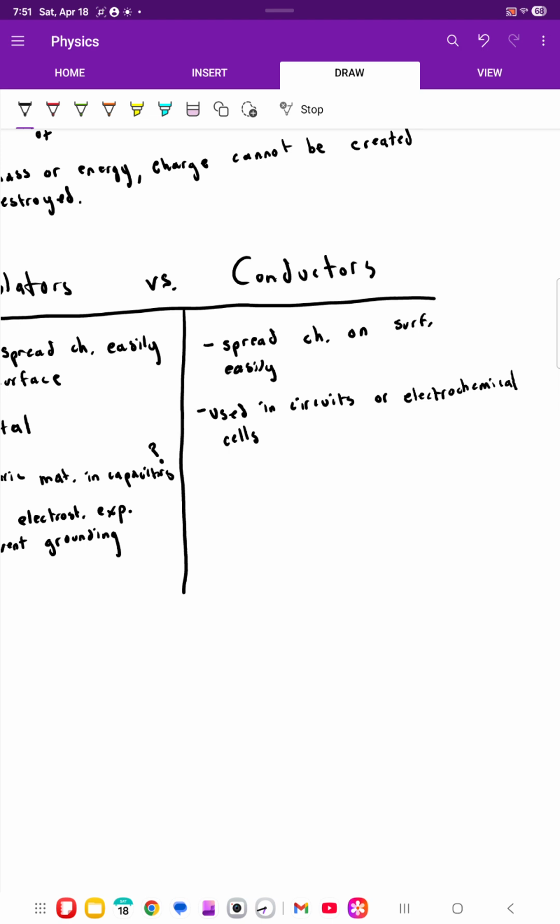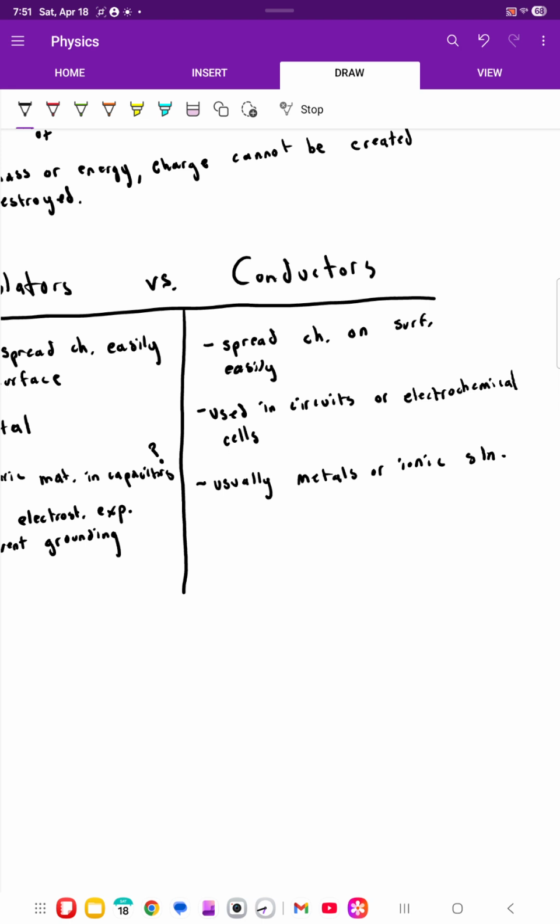They are usually metals or ionic solutions like salt water. Conductors are generally metals.